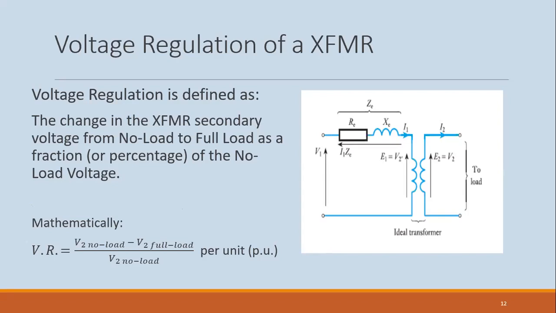And then JPS used to try to maintain it within 5%. So there's a legal requirement to make sure that your voltages are within a certain percentage of your rated or nominal voltage. So the calculation for voltage regulation will help us to determine whether or not our transformer would be meeting the statutory requirements.